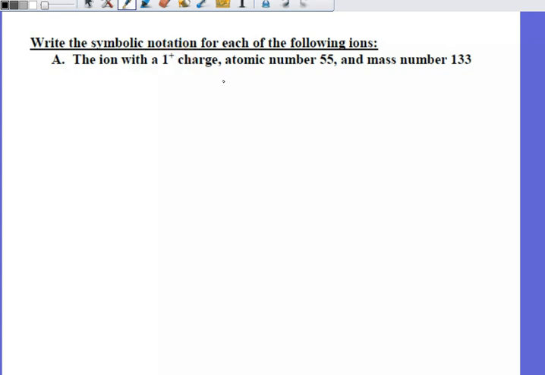That means it has one more proton than it does electrons. So if you're looking at this atomic number 55, well, that tells you how many protons there are automatically. So 55 is the atomic number, 55 is the protons. And so that'll tell you that, and you could locate it on the periodic table.